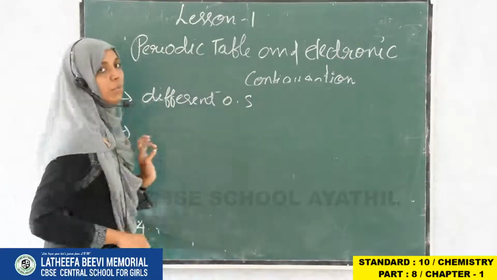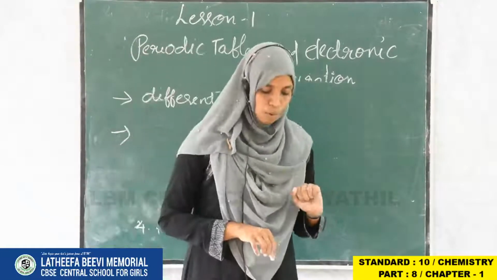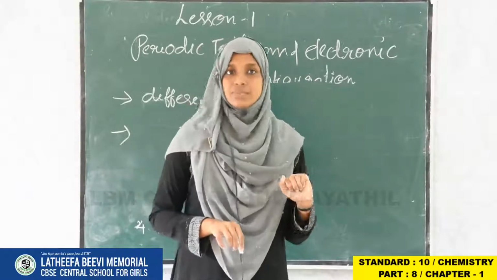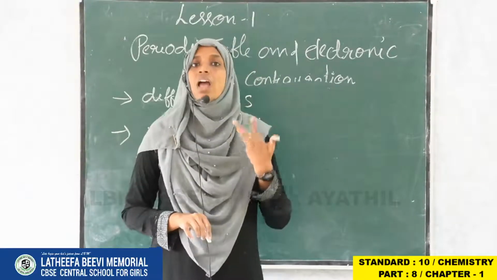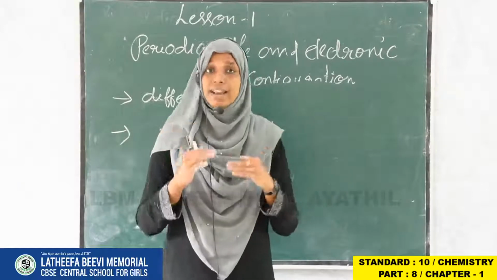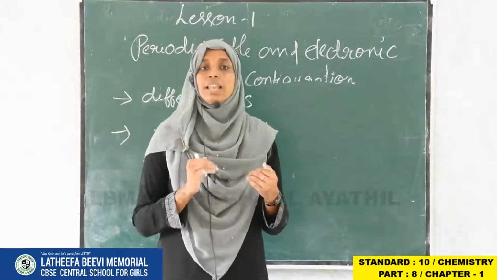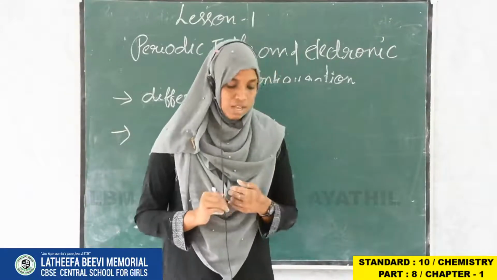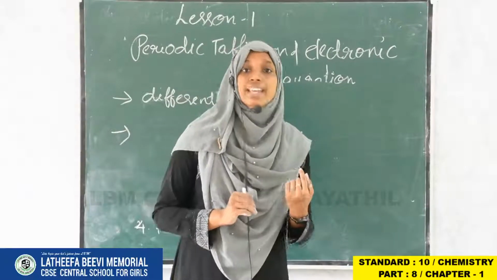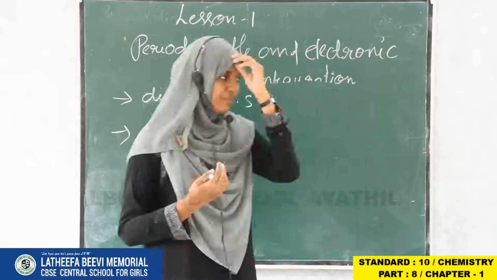What is the second point about F block elements? Most of the actinoids are radioactive. They are not metals or non-metals, they are radioactive elements. We can see radioactive elements in the F block elements. Most of the actinoids are radioactive and artificial elements, not natural elements.